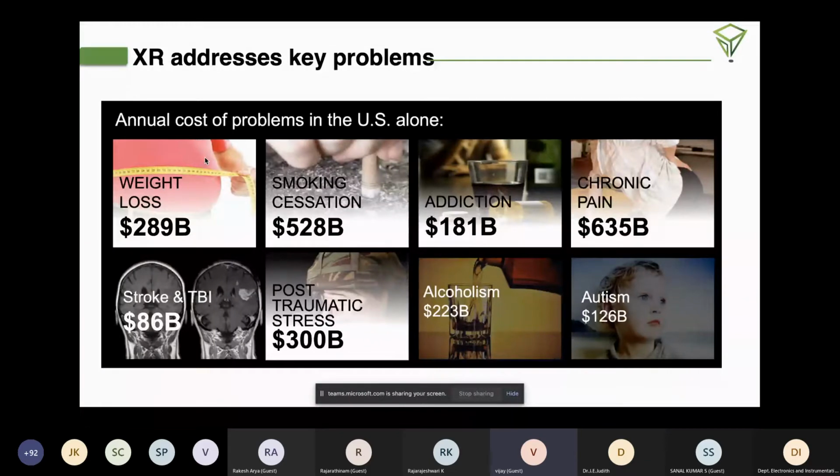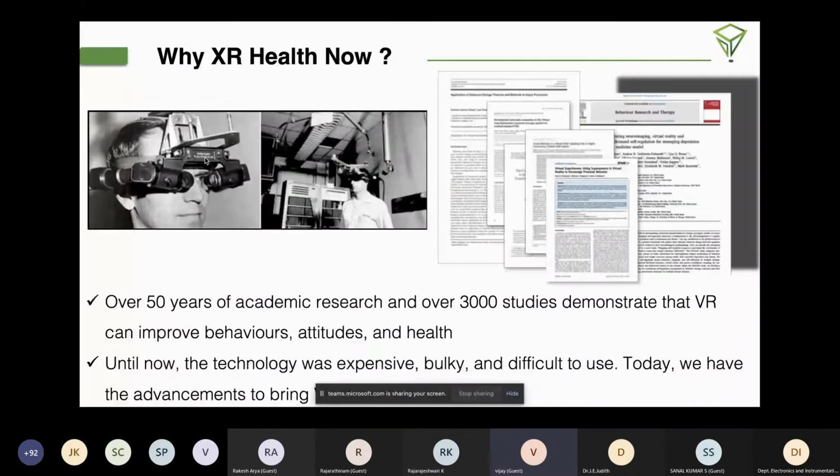Now the question is, why is this the new field? XR or AR, VR being in healthcare, it is something new? Absolutely not. As I showed you in my own personal experience, where we had used VR, virtual reality, for pain management 20 years back. The use of AR and VR in healthcare has been going on at various scientific labs over the last 50 years in the academic research. The only difference is those systems were very cumbersome, expensive, not so optimal for consumer use.